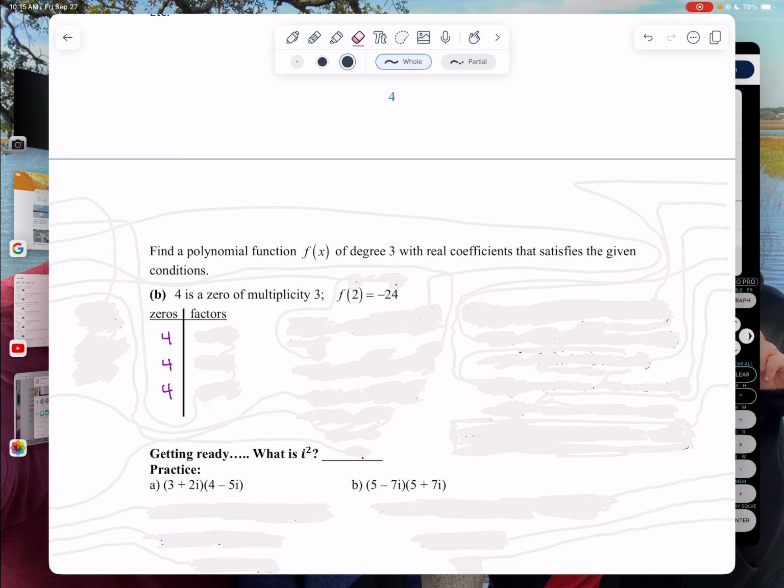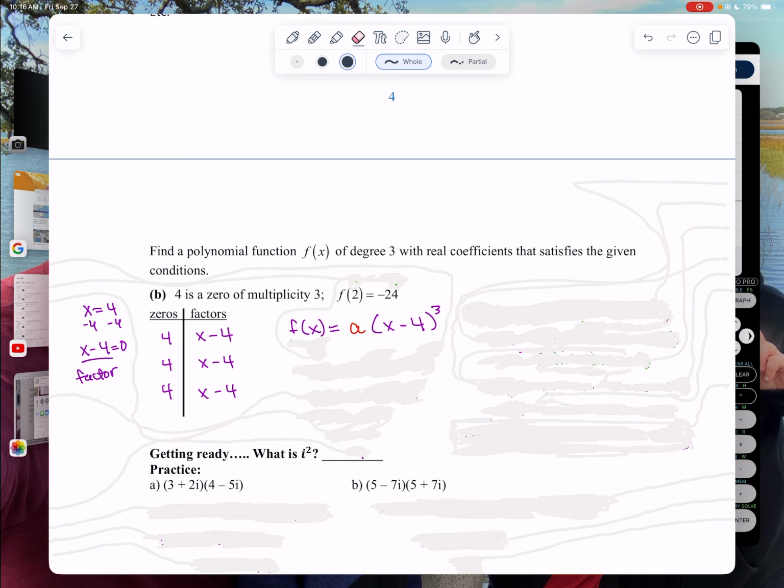So let's find the factors. So x equals 4, so x minus 4 is going to be my factor. And it's going to happen how many times? 3 times. All right. So then remember, I need to just write out my equation.